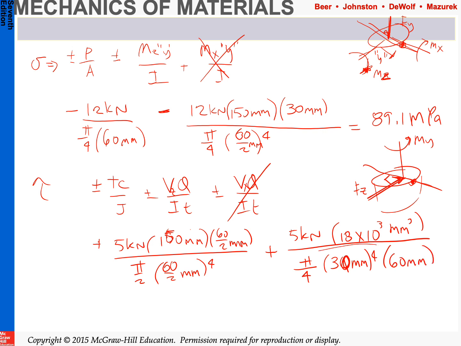So this is our I, our t, and Q in this case. Q for a semicircle, again, A y bar. And if you take a half a circle, you'll end up with 2/3 r cubed for Q. So if you take the area and the y bar, you'll calculate this. So you end up with about 20 MPa. So again, for sort of a mini problem, you would only have one of these two to calculate based on the question.